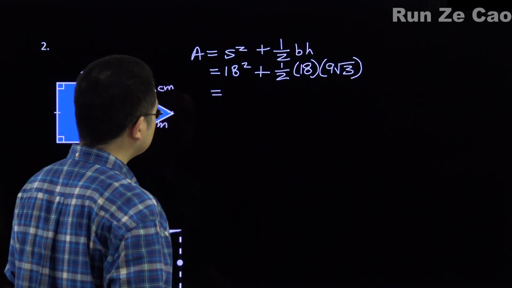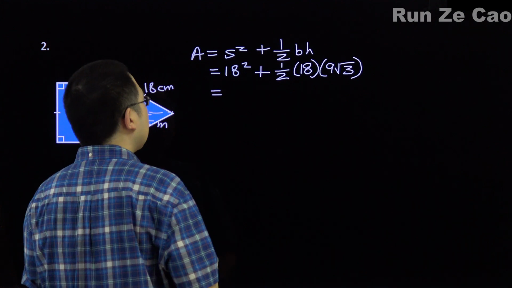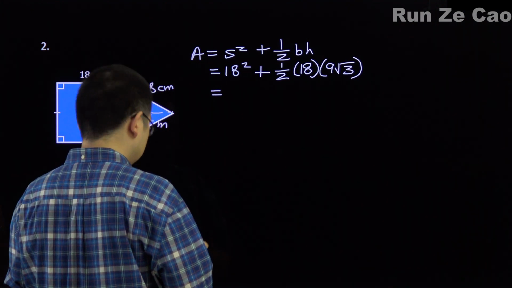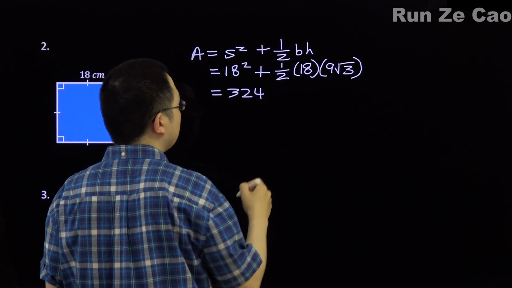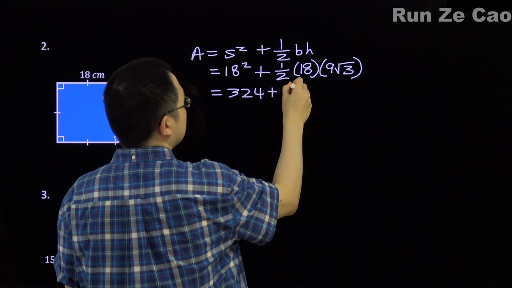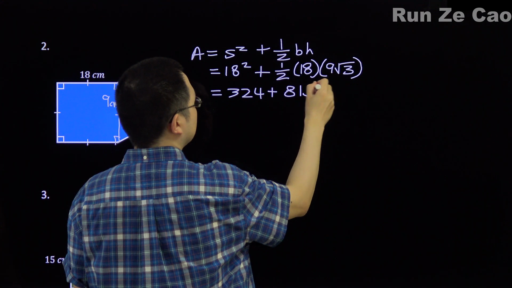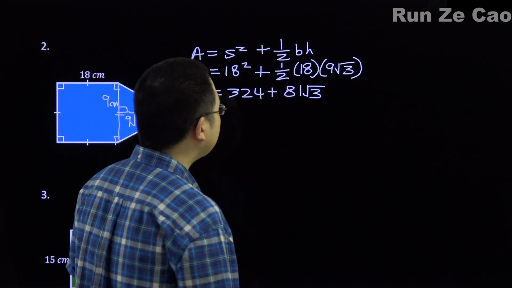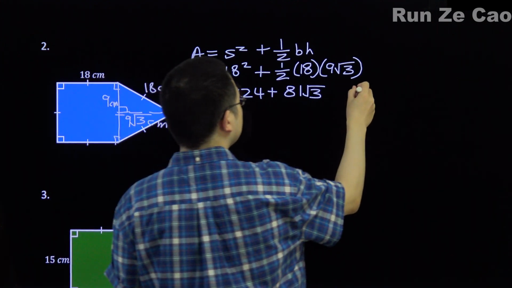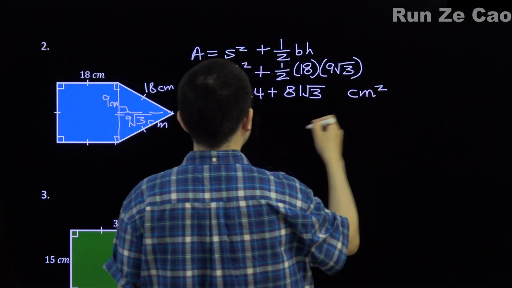So you're dealing with 18 squared is 324 plus 81 root 3, because 1/2 by 18 is 9, 9 times 9 is 81. Okay, this is in centimeters squared, but this is the exact value.